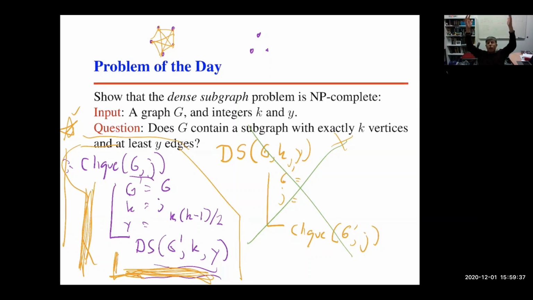And there is no fast algorithm for SAT. Any questions about that? Any questions about the strategy or the logic here?